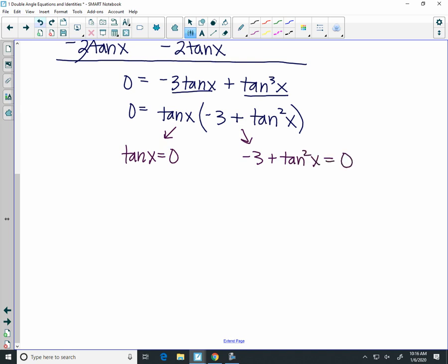I actually think tangent equals 0 is harder for me to get through than this is. Because here, if we add our 3 over and take our square root, when we take our square root, what do we have to have? Oh, thank you.